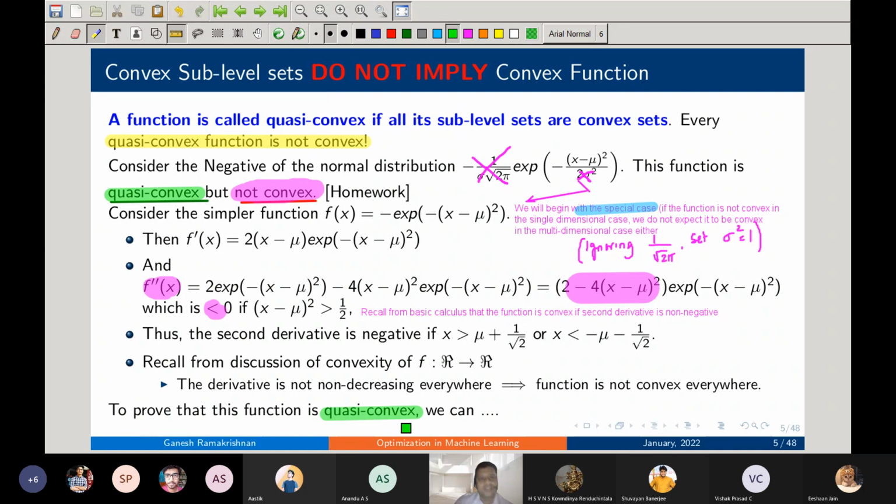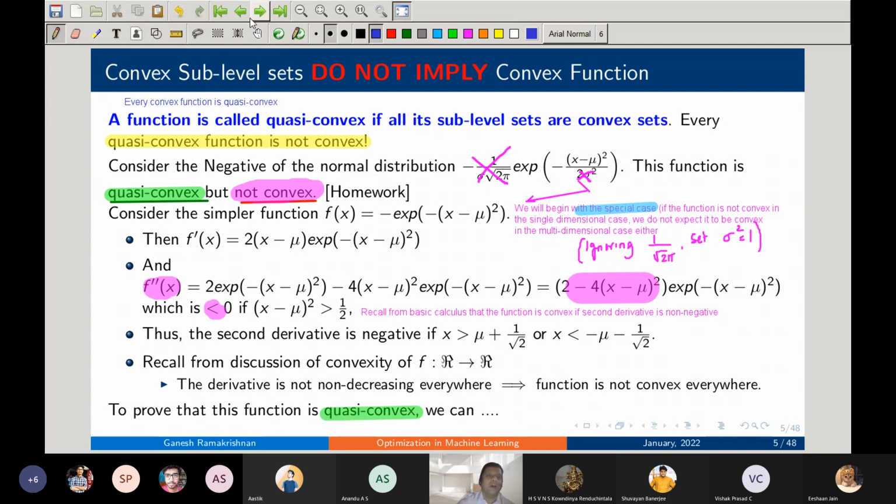That is the only statement we can make. It's a more general class.